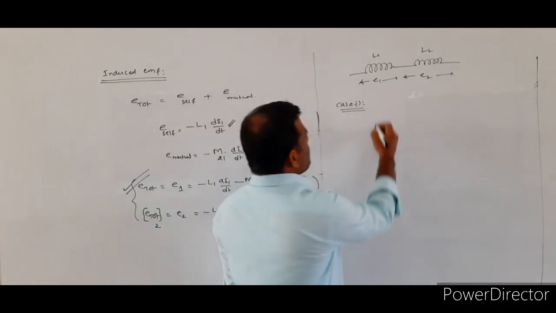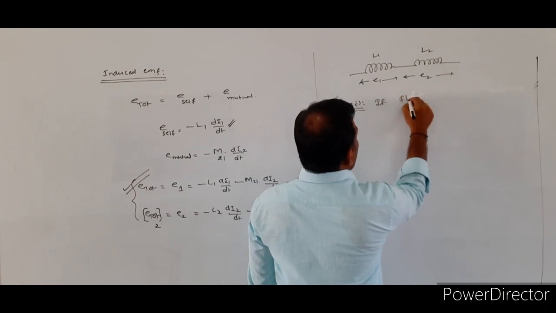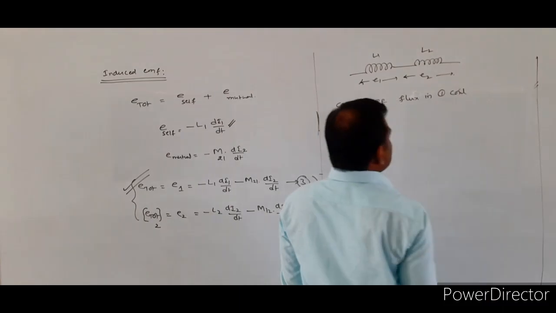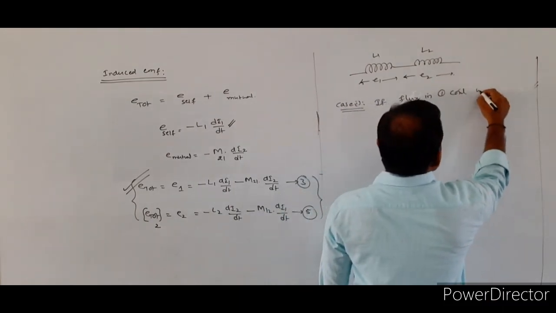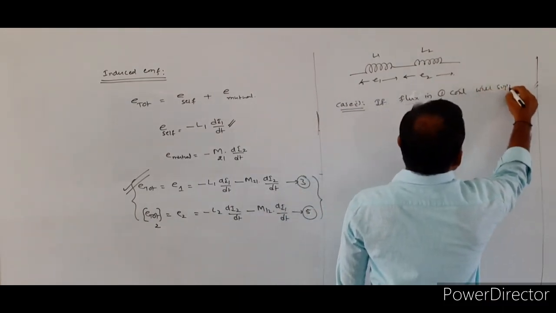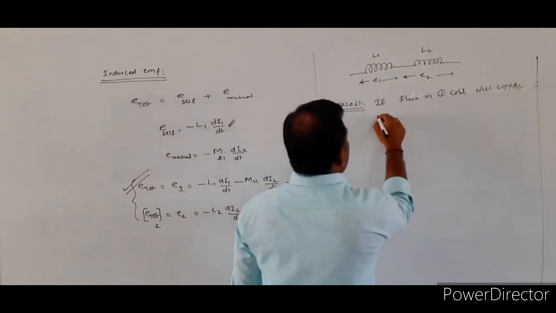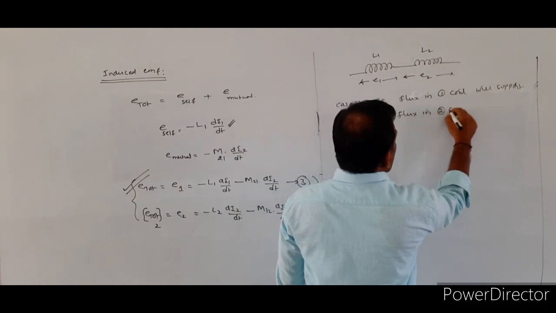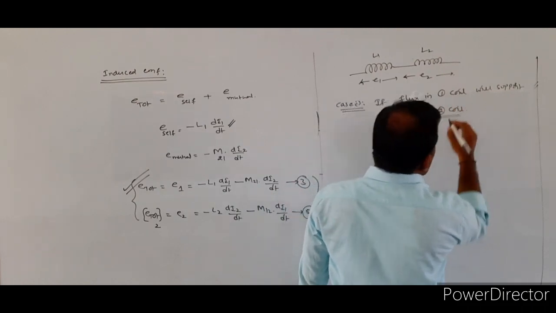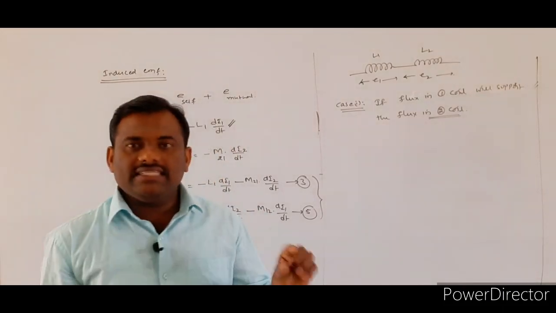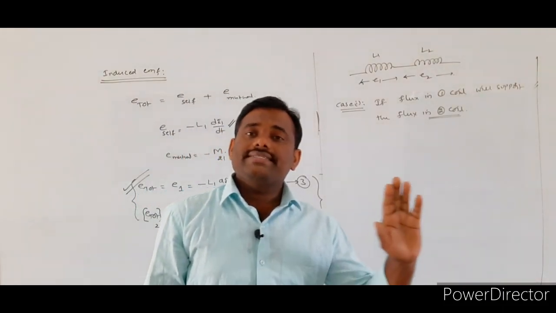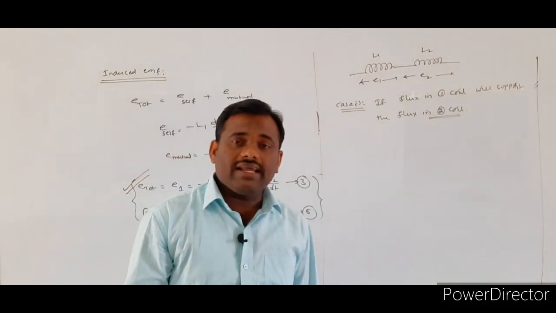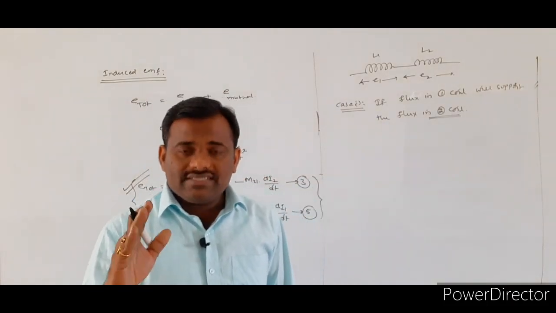If the flux in the first coil supports the flux in the second coil, that means their fluxes exist in the same direction. That means the change in magnetic flux in both coils remains in the same direction.